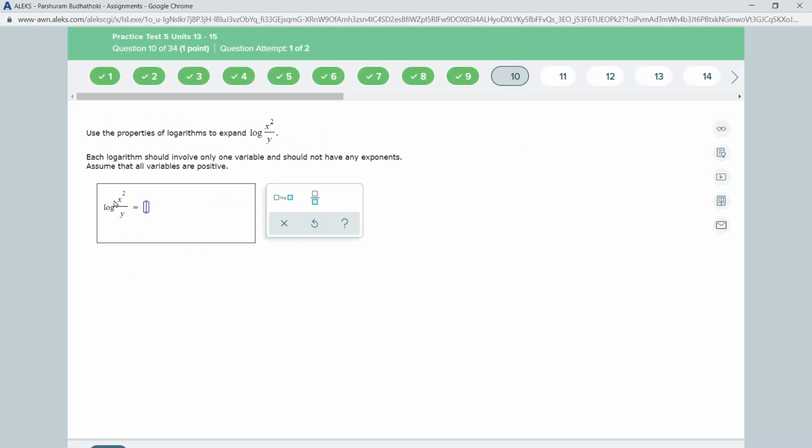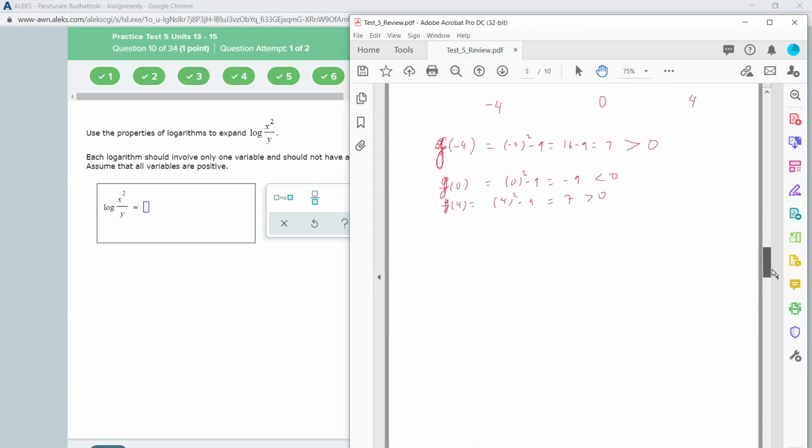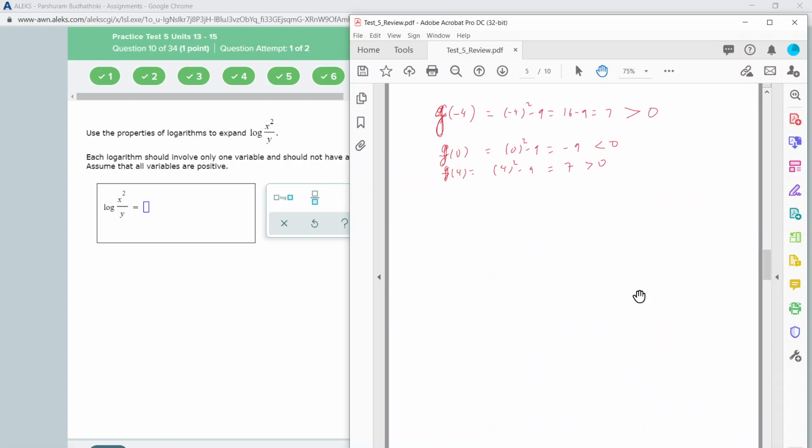Okay, if you want to expand this, you can use the same thing. This is the quotient, so log x squared minus log y, but you also have to use the power rule. So this is problem 10. You can write this as log x squared minus log y.